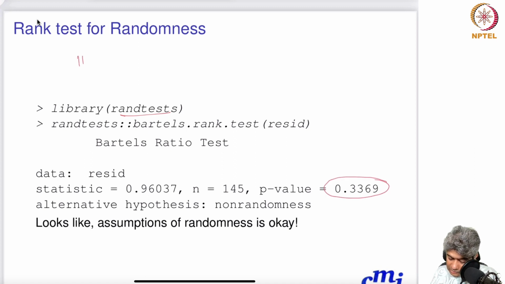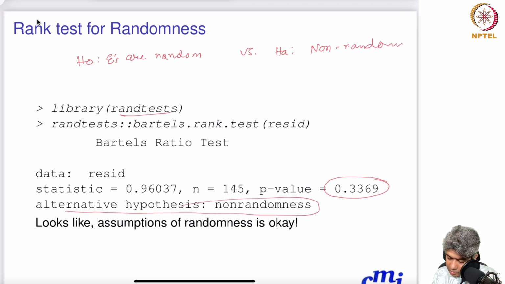The null hypothesis is that the epsilons are random versus the alternate non-random, and we fail to reject the randomness. So the assumption of randomness looks okay.